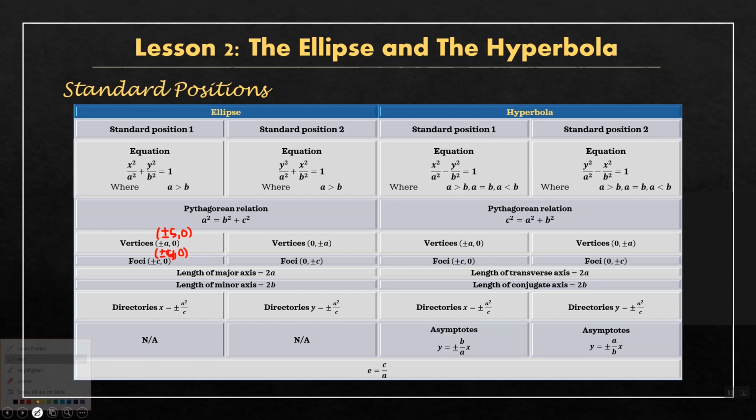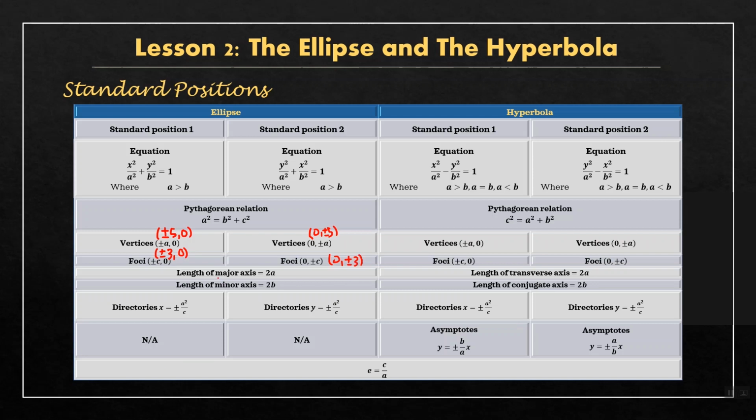In the example that I have just shown you, they were plus and minus 3 and 0. That's the foci. If it was SP2, then the points were located on the y-axis. So you'll have a y value, but you will not have an x value. So it was 0 plus minus 5, and here 0 plus minus 3, right?